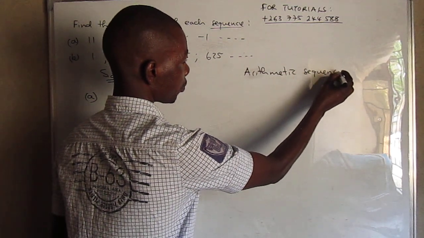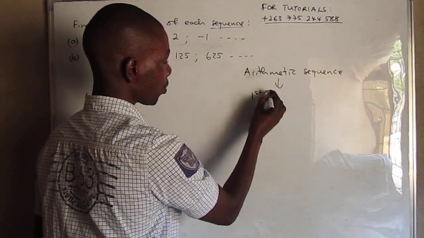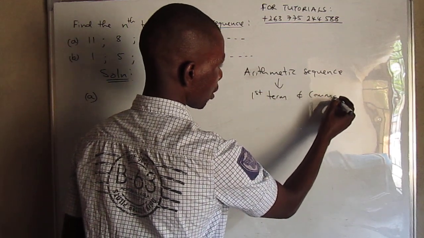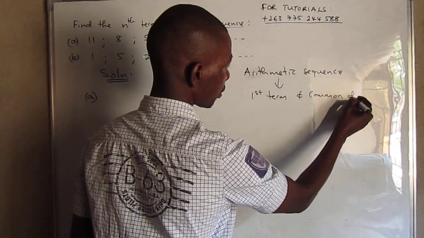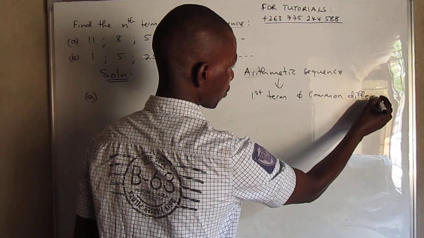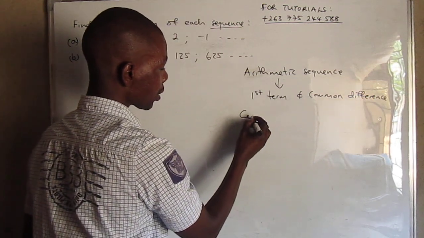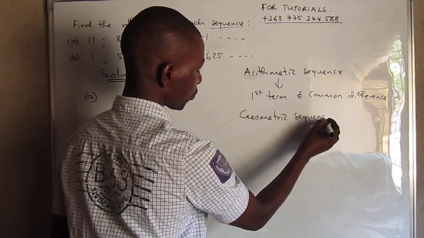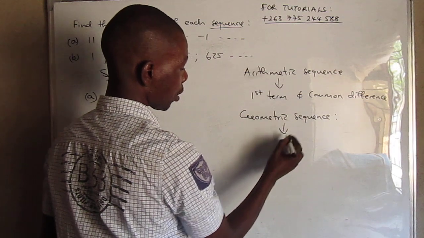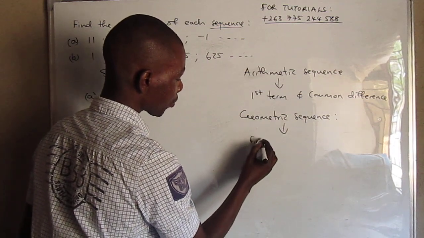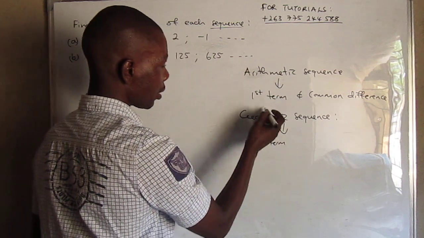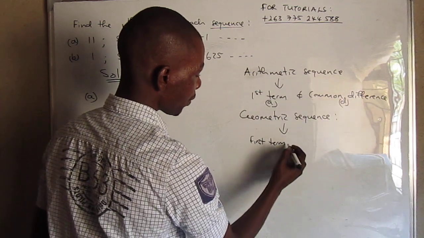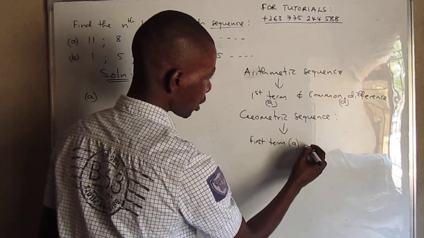Then for a geometric sequence, we have the first term again. Here the first term is A and the common difference is D. Then we have the first term and the common ratio.